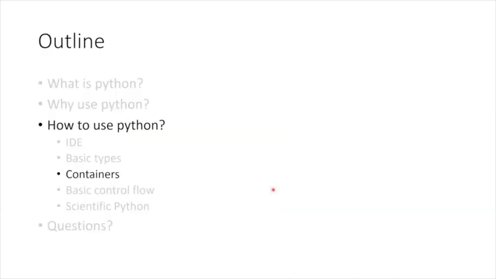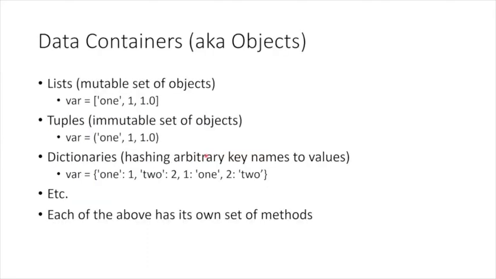Okay, so containers. Now we're going to get into more of the Python meat. There are a few different containers in Python, or objects as you can call them, but the three main ones, the ones that you'll use 95% of the time, are lists, tuples, and dictionaries. Starting with lists, lists are a mutable set of objects.